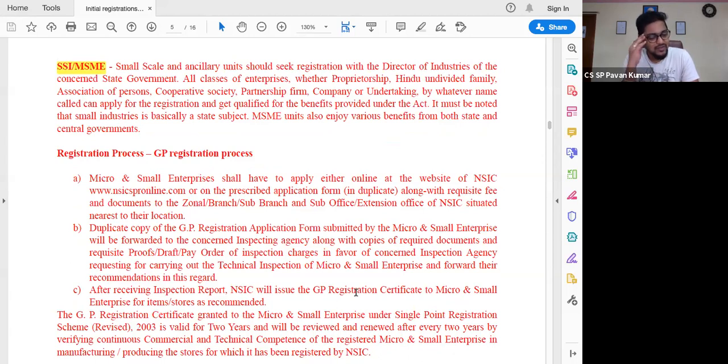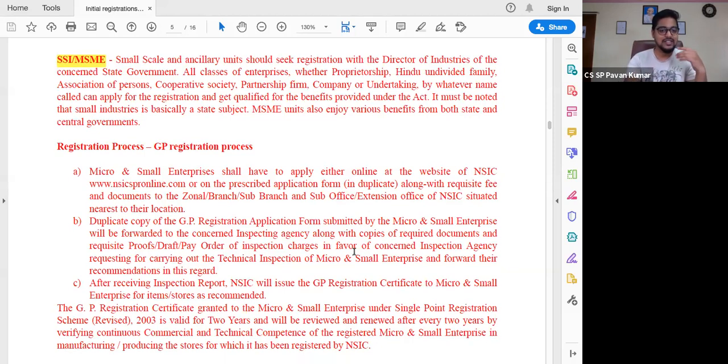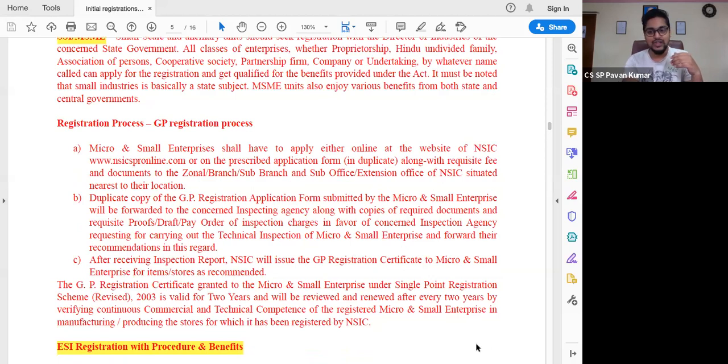Whenever we talk about MSME registration, when you're writing an exam, just write it as Udyogadar registration. You have to go to the Udyogadar official website, the gov.in website, and do it there. Speaking about small scale industries, I will explain. Any doubts, you can ask me so far.